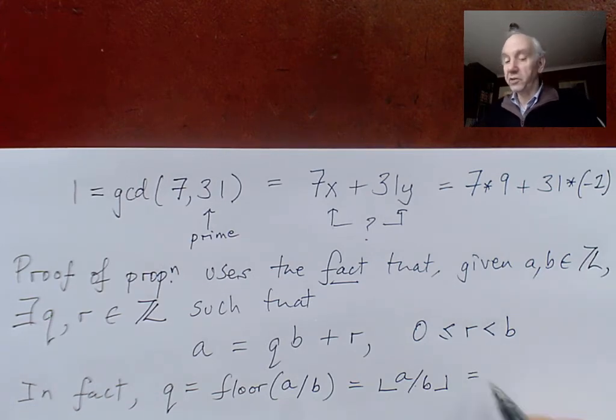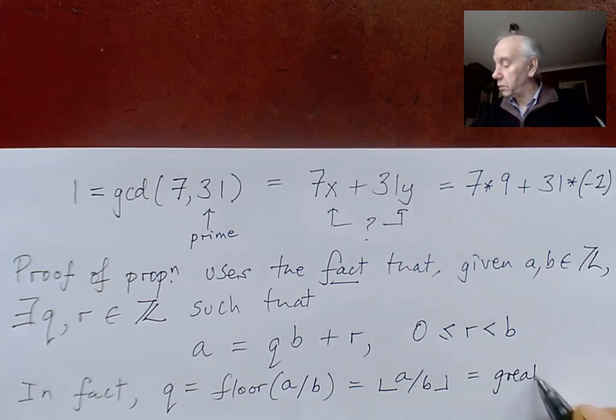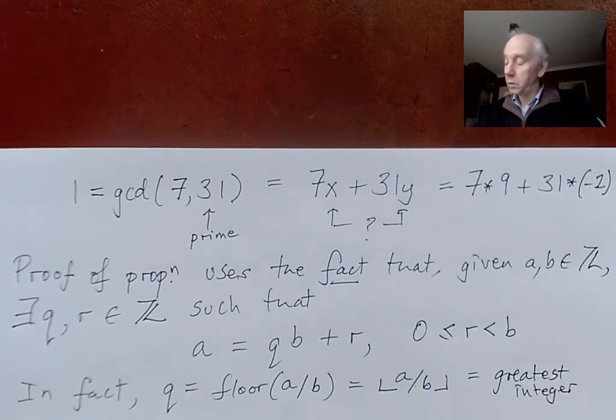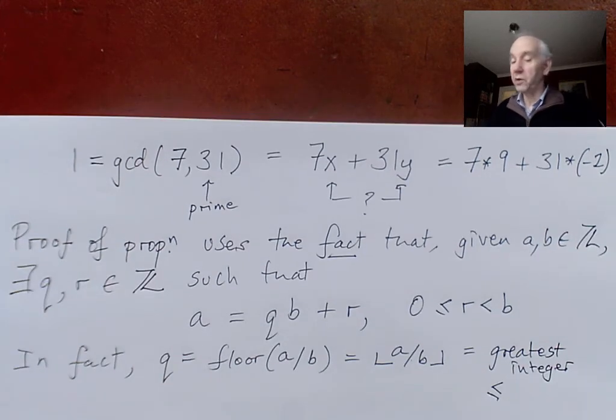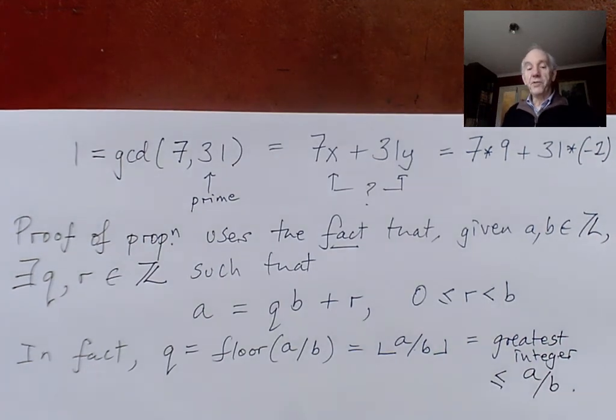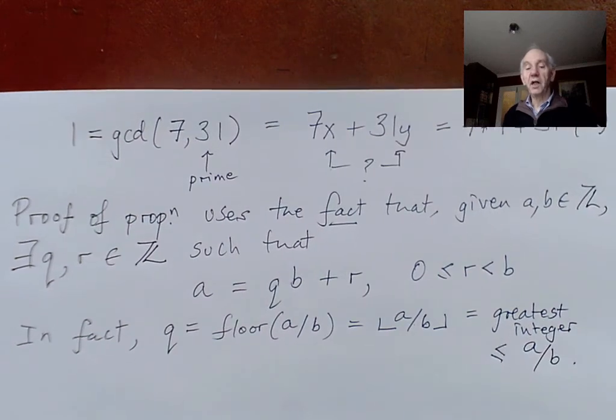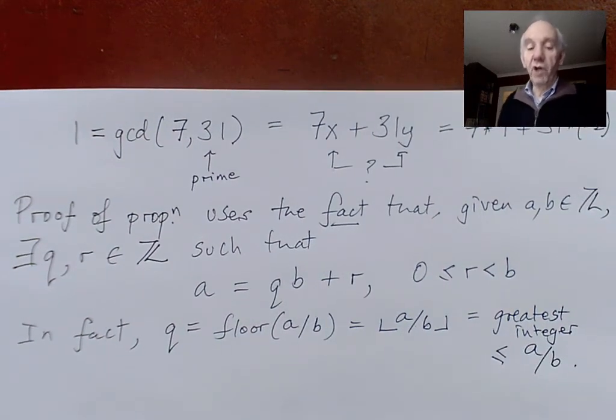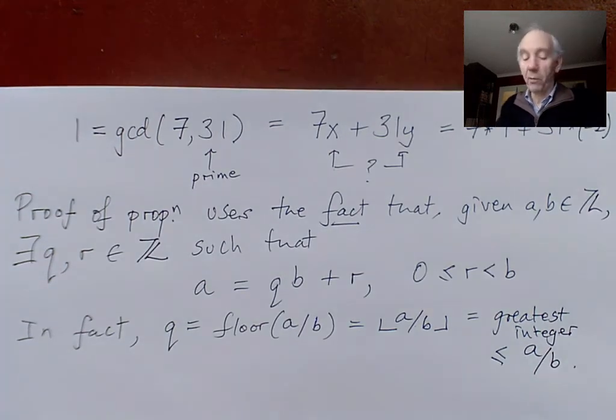So this is the greatest integer less than or equal to a over b. Anyway, the proof of the proposition uses that fact, and you can write down the proof yourself or try and understand it from the lecture notes. I won't say more about that, but I want to mention two corollaries which are given in the notes.